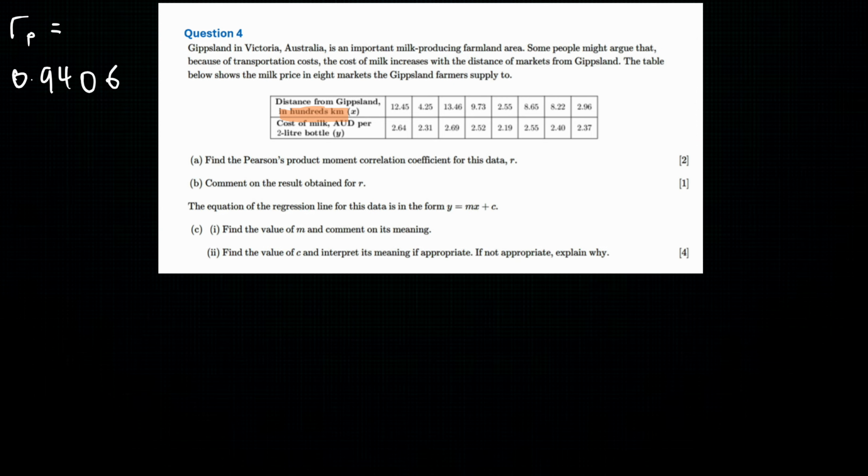And remember, we're always in 3 significant figures, so that's going to mean in 3 sig figs 0.941, rounded, right? So we can write that down, rp equals 0.941. We can comment on the result obtained for r. So we can say, because the value is very close to 1, it's going to be a very strong positive correlation.